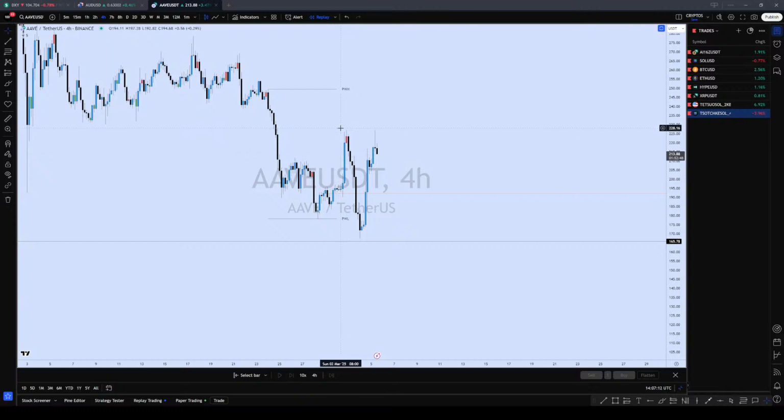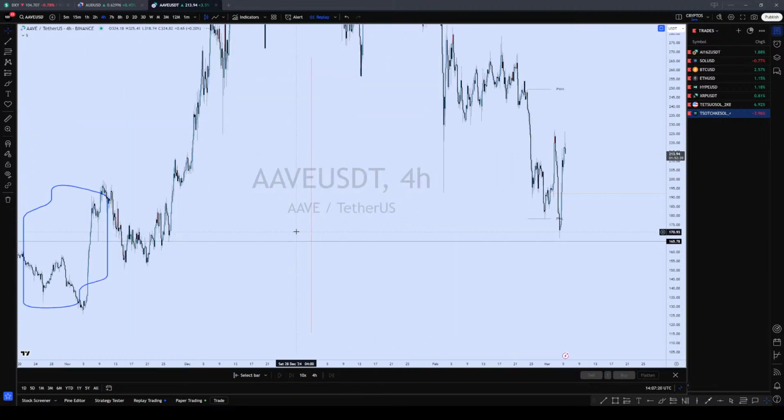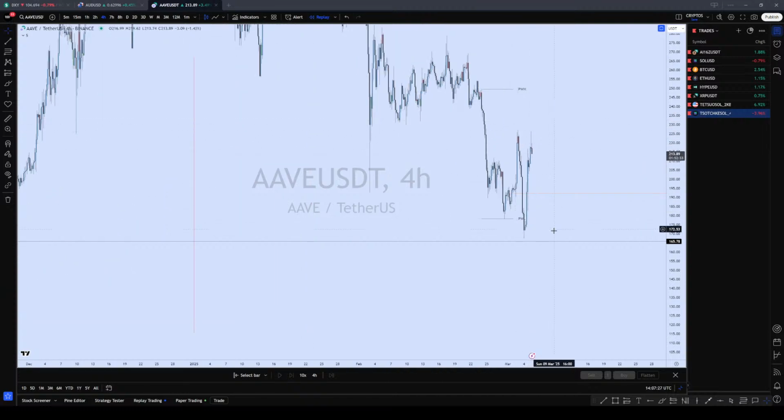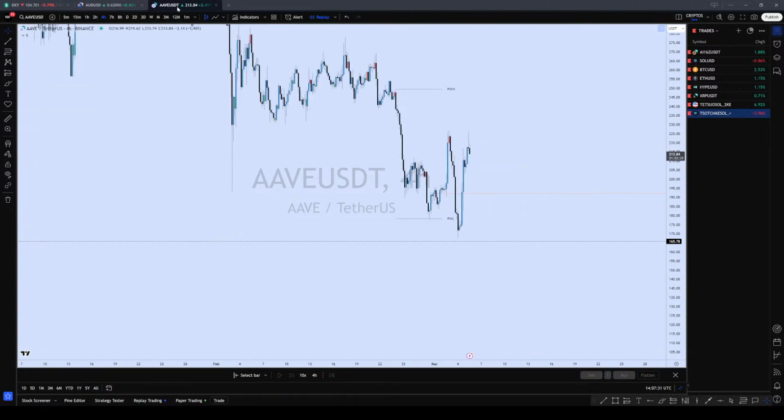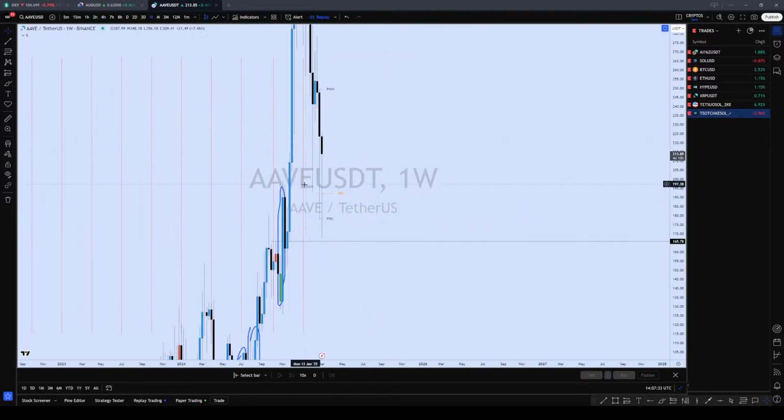Maybe wait for them to run this high and then look for rejection, then sell it. Let them run that high and then sell it back down again. If you're a buyer, then wait for the weekly to give what I just showed you.